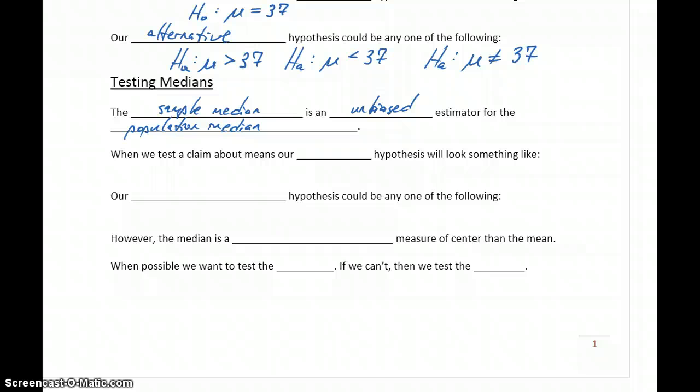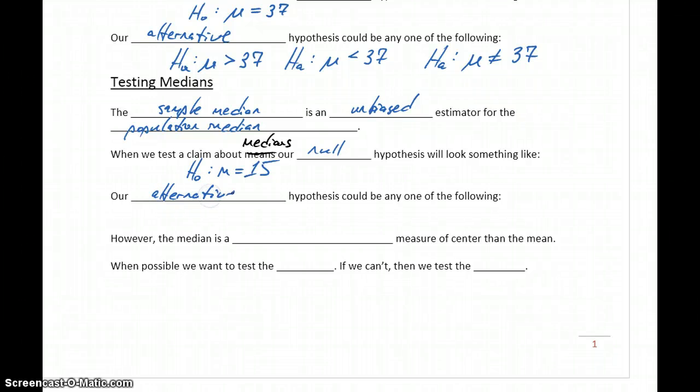When we test a claim about medians, then our null hypothesis will always be something of the form H0, where the letter M, our representation for population median, is equal to, say, 15 or some other number.